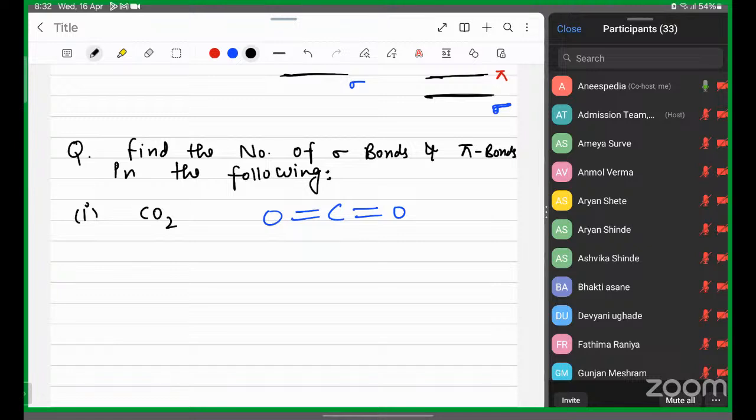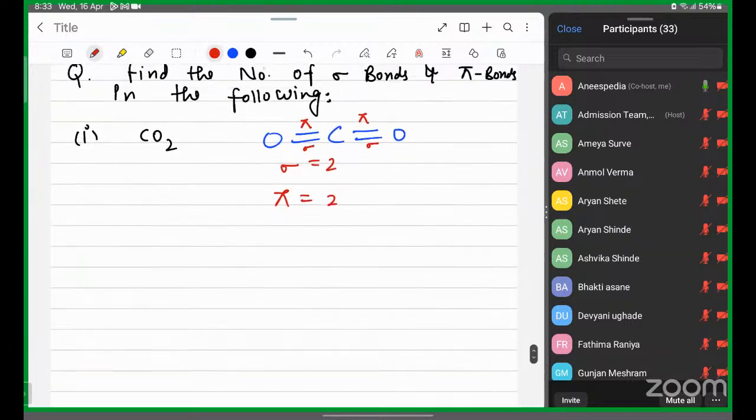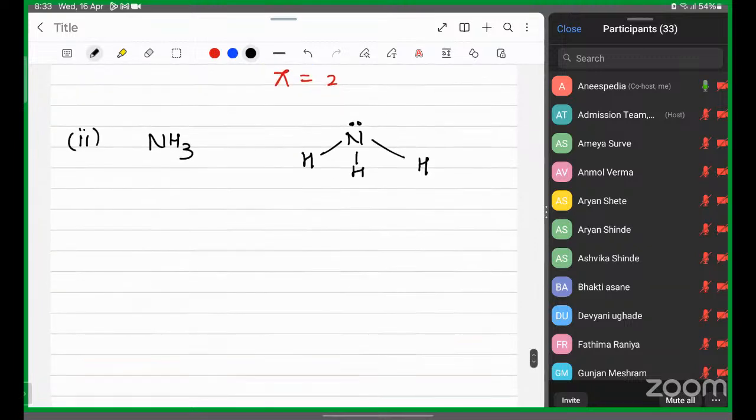So in CO2, how many bonds are sigma? Sigma bonds will be 2, pi bonds will be also 2. First bond is sigma, remaining bond is pi. If I have ammonia, NH3, its bonding is N bond H, bond H, bond H with a lone pair.